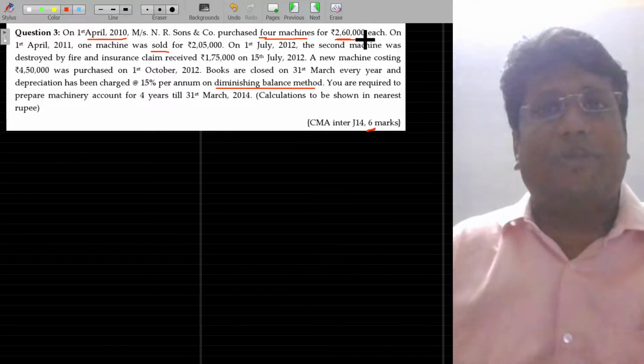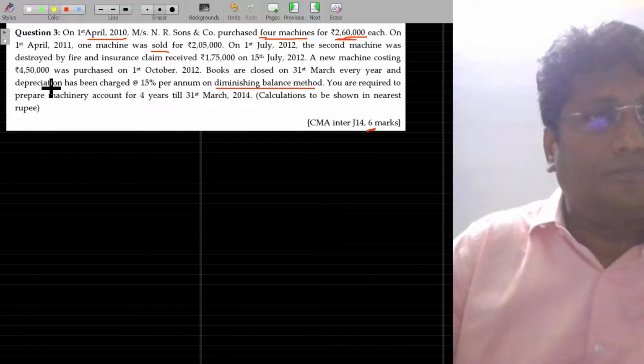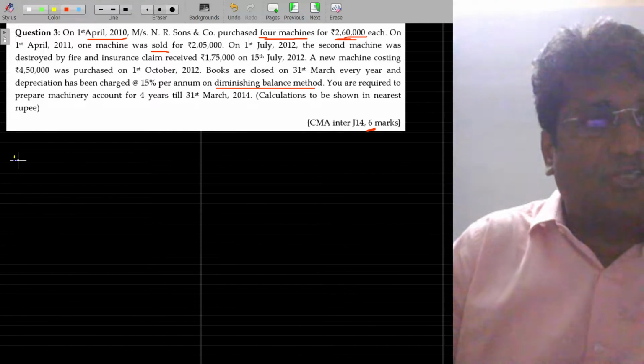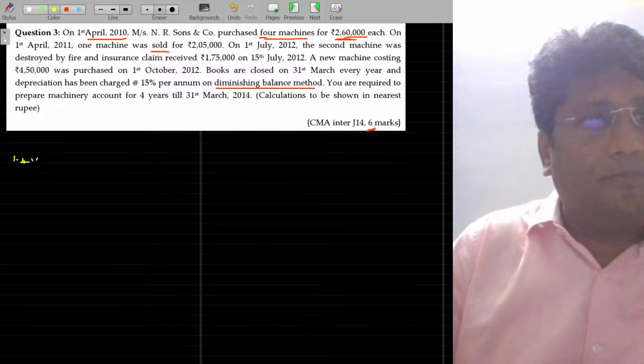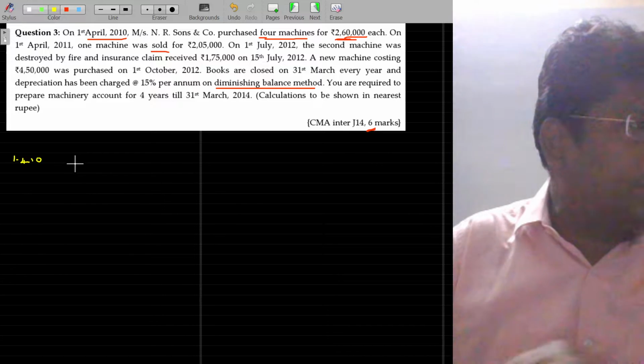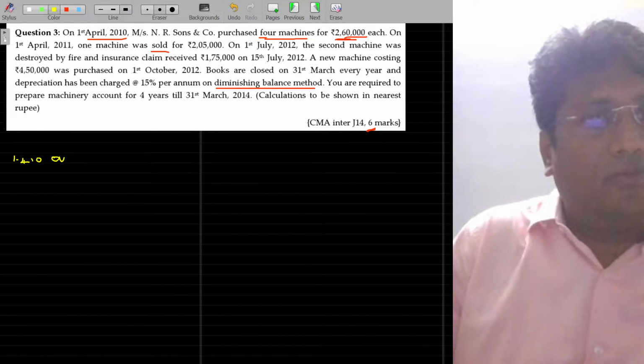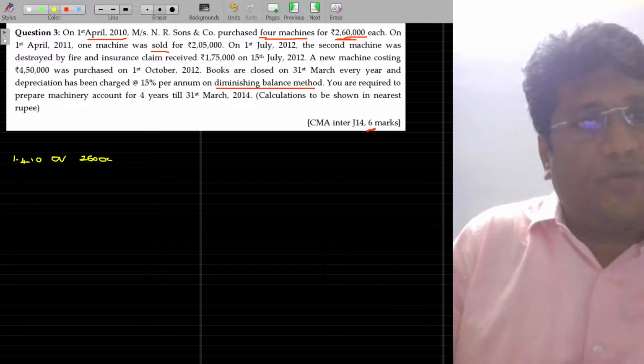Assume that we have 4 machines purchased at rupees 2,60,000 each on 1st April 2010. Original value 2,60,000. How many assets purchased? 4 assets.